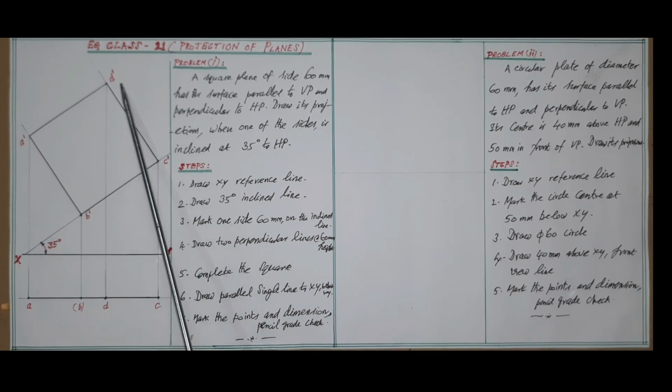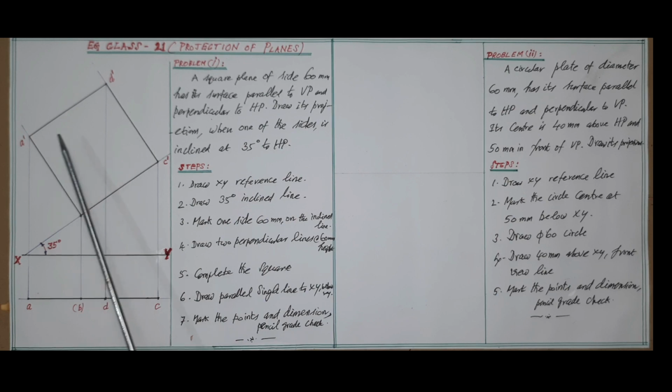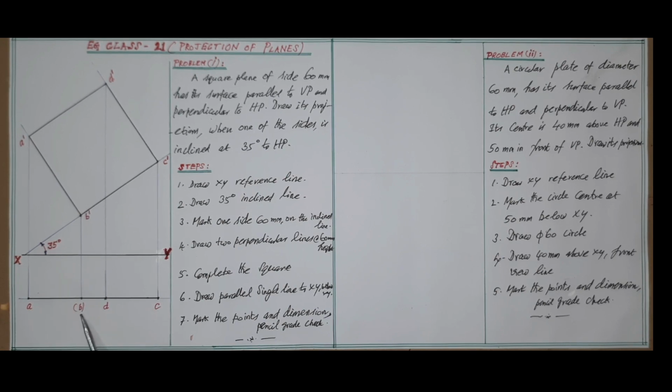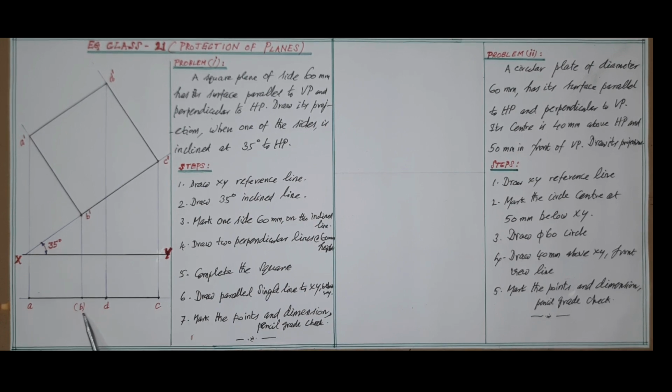C dash, D dash for the front view, and check for the dark lines required using HB pencil grade. Use other supporting lines as thin in grade as shown. Then in the top view, that is below the XY line, this should be dark and marked as A. B is shown in bracket because it is an invisible corner while viewed from the top side.